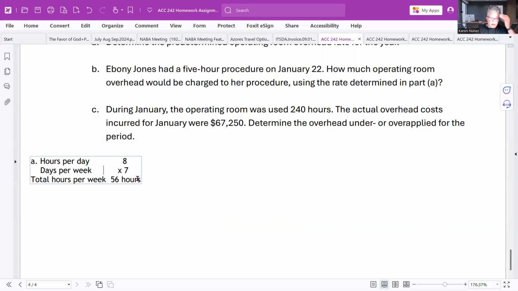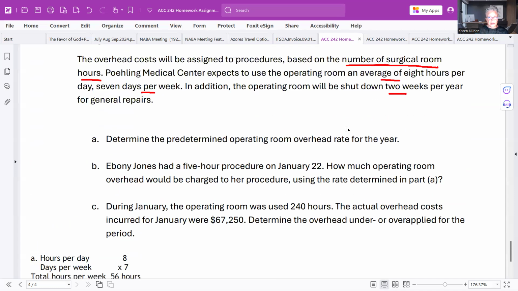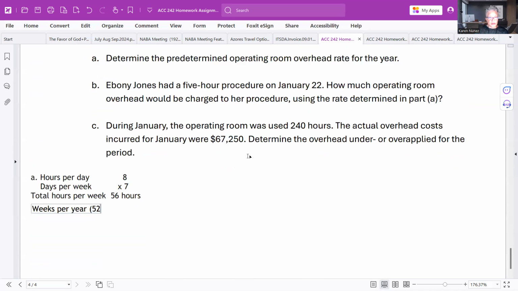And now, the weeks per year. How many weeks in a year? Well, there are 52 weeks in a year, but this specifically says that they shut down for 2 weeks. So the operating room is not going to be open those 2 weeks.